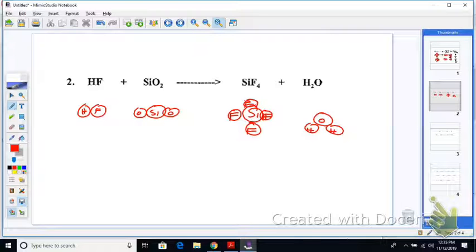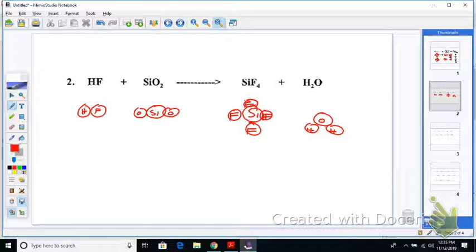I need 1 more hydrogen and 3 more fluorines. Okay. So which one do you want to try to equal out, the fluorine or the hydrogen? Let's do the fluorine. Yep, do the fluorine. So go ahead and draw your extra ones on the left side.